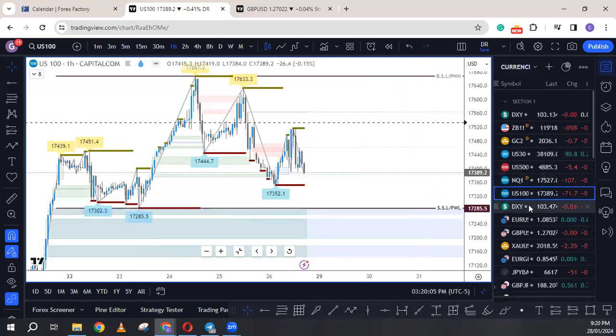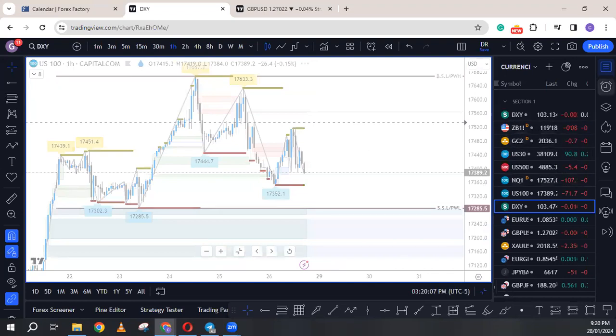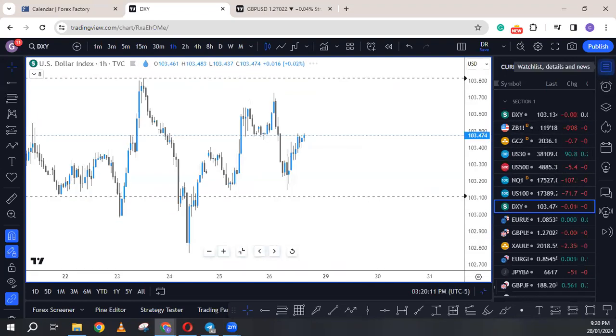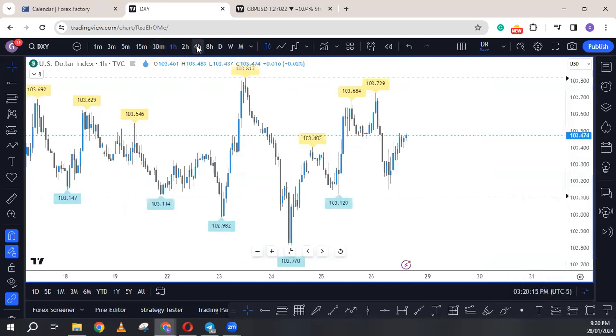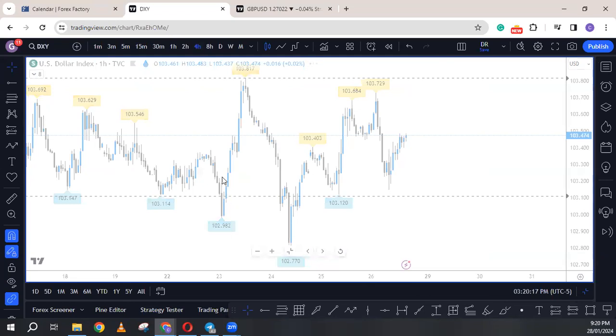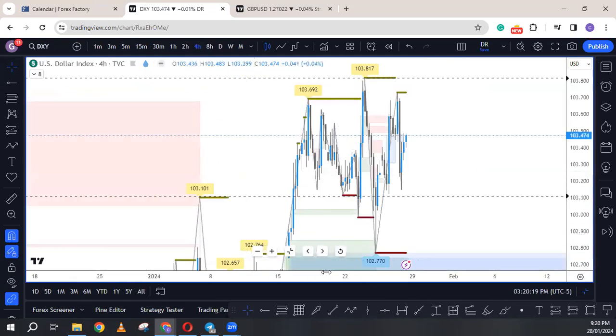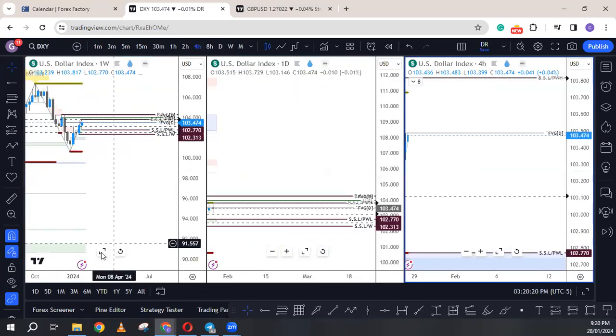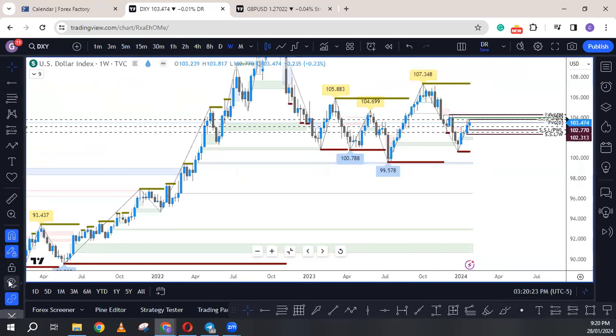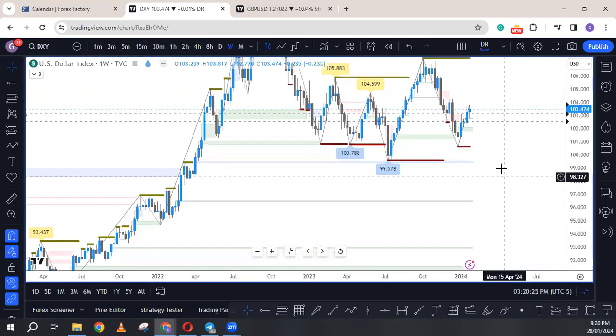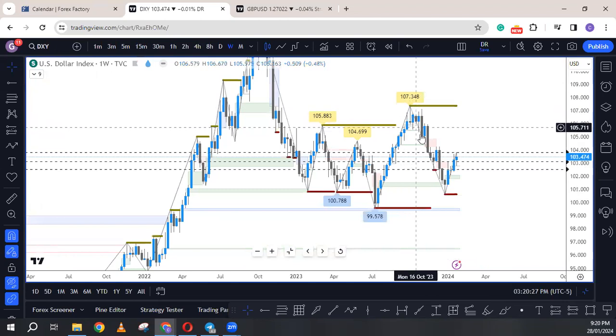The next one we're going to be looking at is the dollar index. And as you know, we have high impact news coming in for the dollar index on Wednesday and Friday. So we need to be pretty much aware of that. If you look at the dollar index from the weekly, this is a retracement of the break above 105.88.